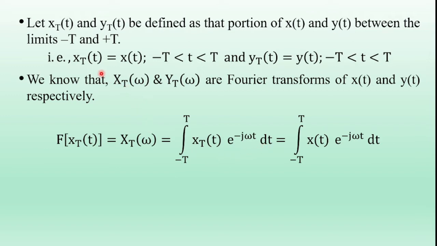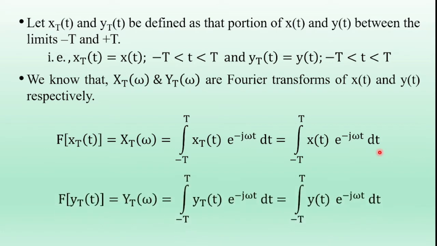In this interval x_T(t) is equal to x(t), so it is the integral from minus T to plus T of x(t) e^(-j omega t) dt. This is the Fourier transform of the signal x_T(t).